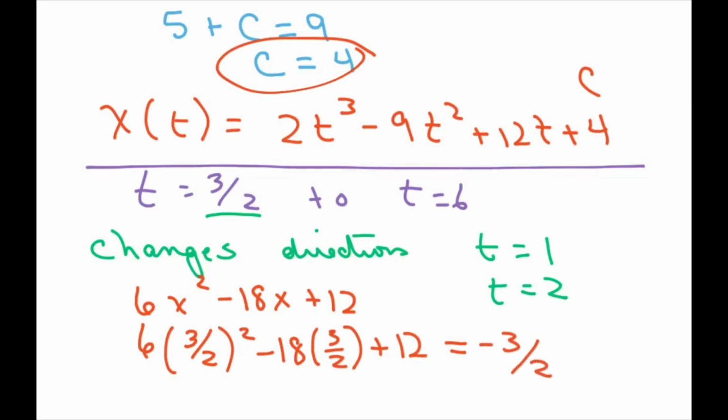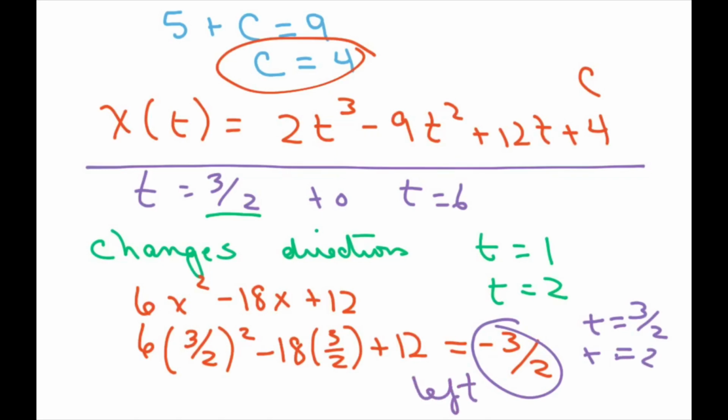Okay, and the next thing we have to do is evaluate at 6. So we know that this is negative. Since this is negative, we know that the particle is moving to the left from t equals 3/2 to t equals 2. It's moving left because it's negative.